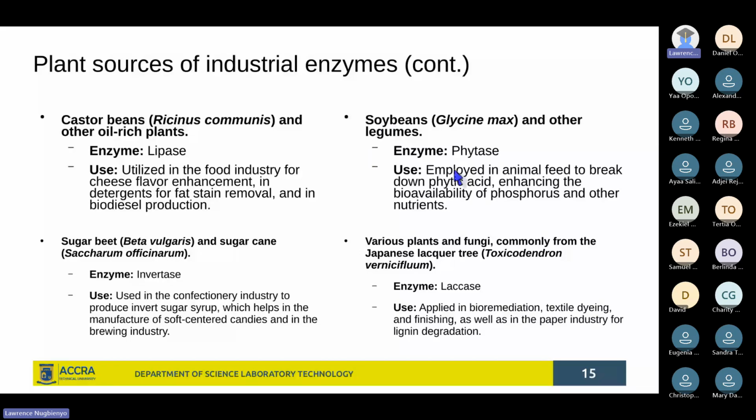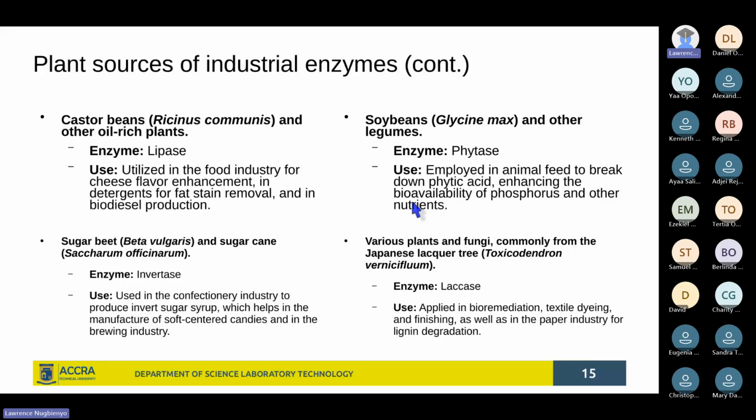So the enzyme in that plant, which helps in the uptake of phosphorus from the soil, if it is applied, makes more phosphorus available as nutrients for plants. Call it some kind of biofertilization in agriculture.